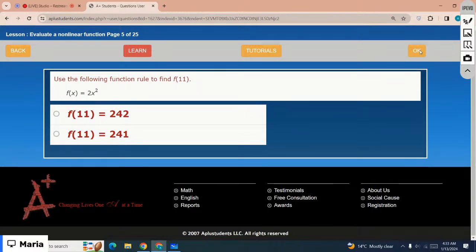Use the following function rule to find f of 11. So f of x equals 2x squared. So which is the correct option? The correct option is 242.